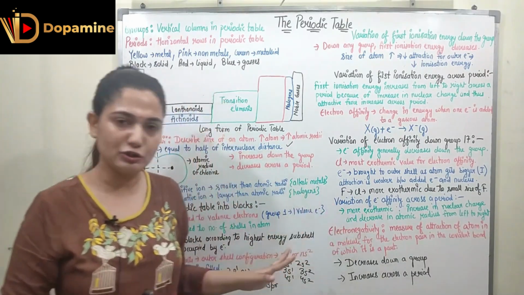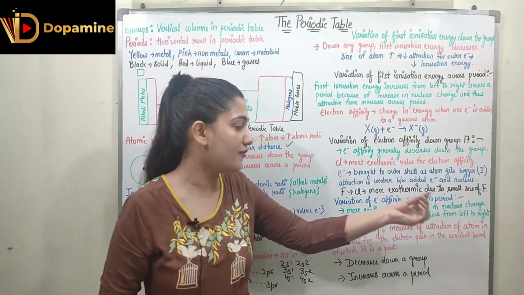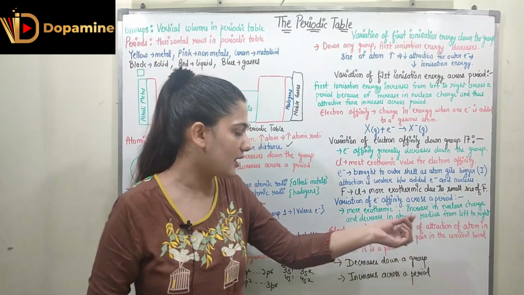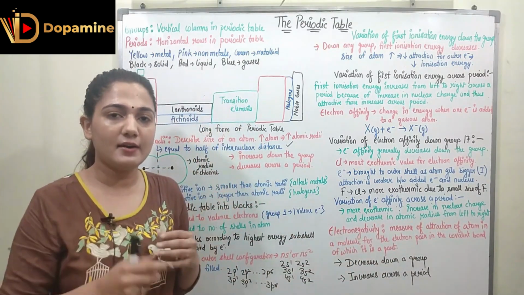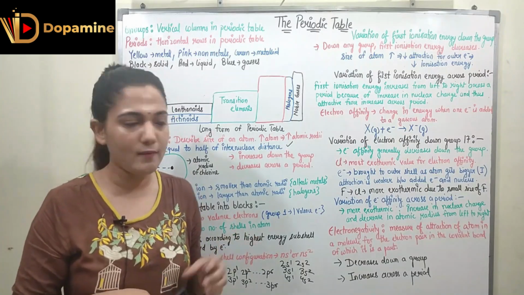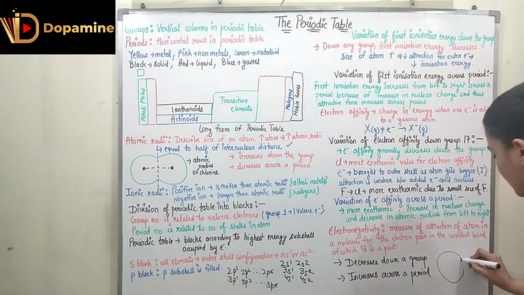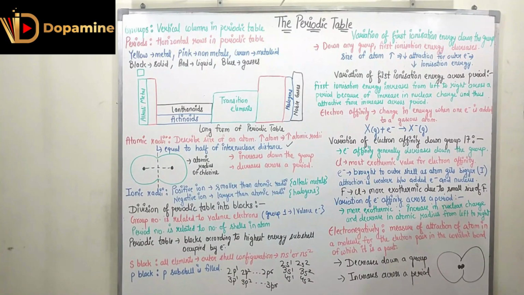Now coming to the electronegativity. What is the electronegativity? It is the measure of attraction of atoms in a molecule for the electron pair in the covalent bond of which it is a part. So we have a pair of electrons in the covalent bond, right? So let's suppose we have two atoms over here, and these are sharing 2 electrons, right?